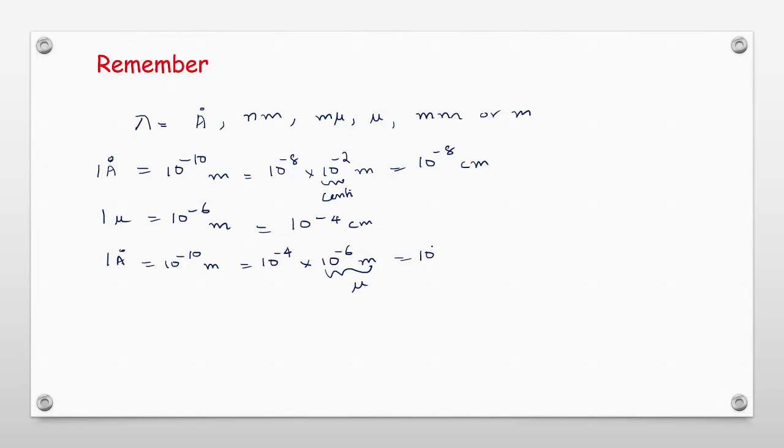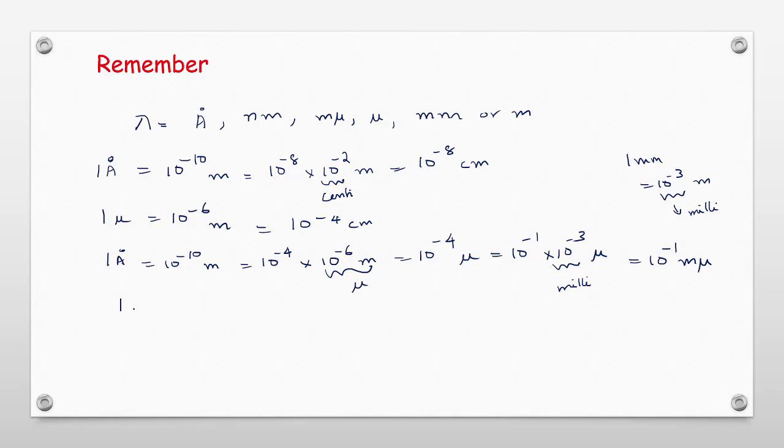So this is 10 raised to minus 4 micron. Now this is equal to 10 raised to minus 1 into 10 raised to minus 3 micron. 10 raised to minus 3 is given as prefix milli. You know 1 millimeter is equal to 10 raised to minus 3 meters. So 10 raised to minus 3 is given prefix milli. In the same way here also it is written as milli. So this is equal to 10 raised to minus 1 millimicron.